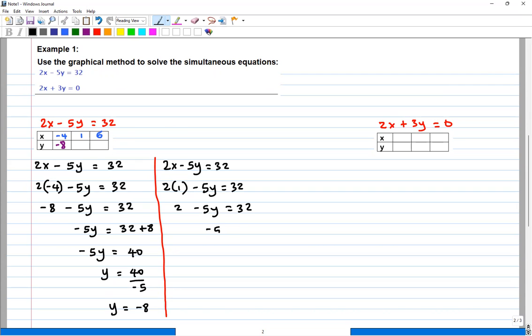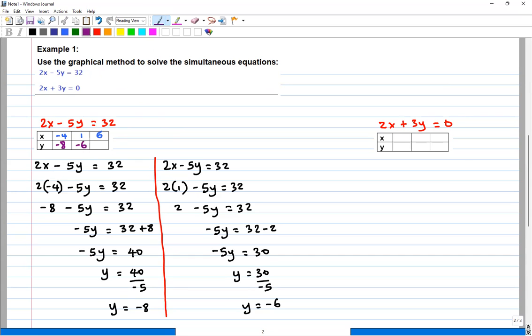So we have minus 5y is equal to 32 minus 2, this 2. So minus 5y is equal to 30. So y is 30 divided by minus 5, and y will be minus 6. So when x is 1, y will be minus 6.